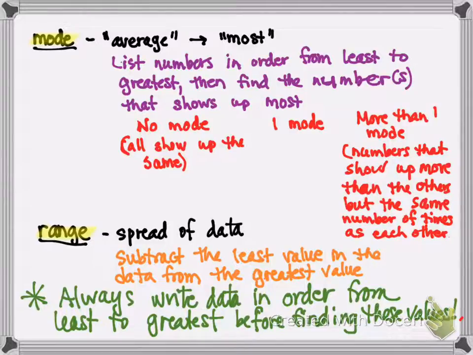Now, sometimes they give you a large set of data, sometimes they give you a small set of data. It just really depends upon what the problem is. In the Math 8 class, 8A class, we're working on this now, and we're dealing with having a ton of data, like 30, 40 numbers.